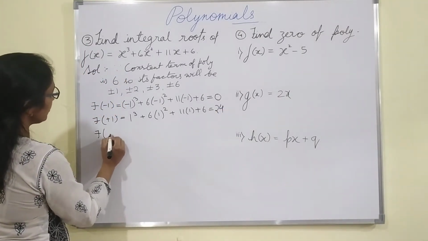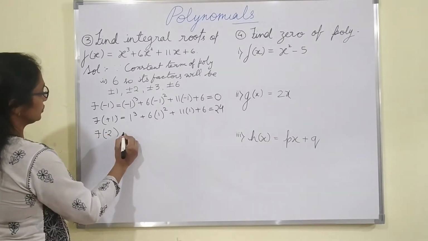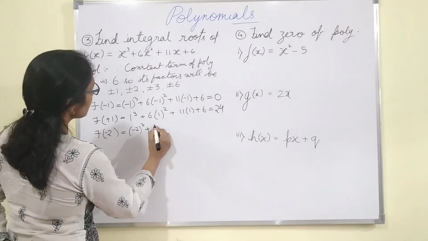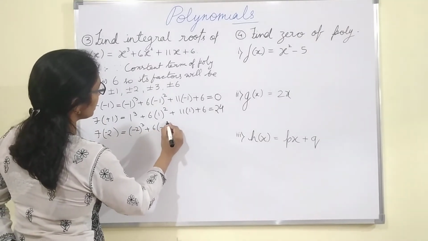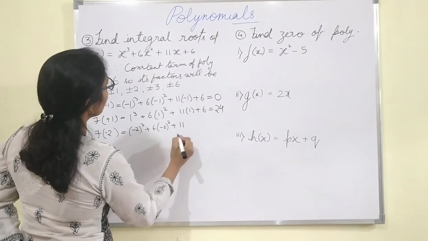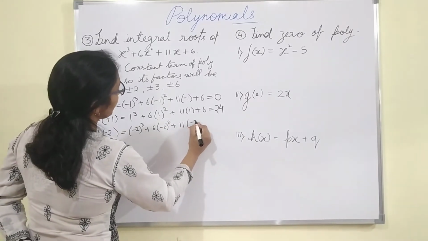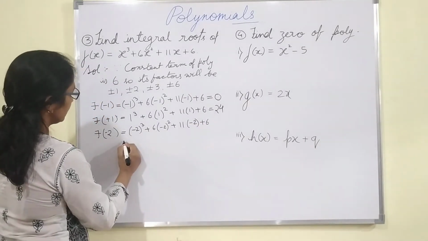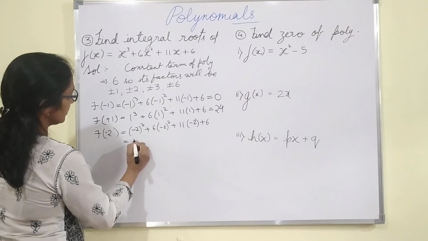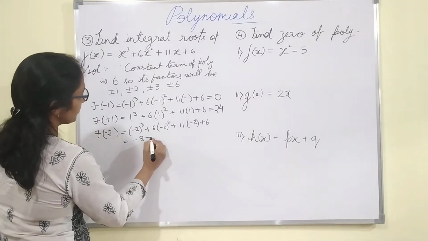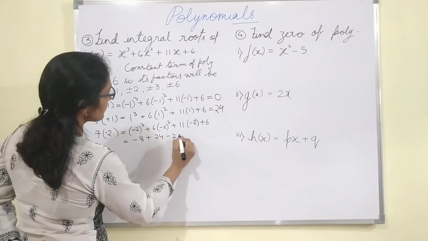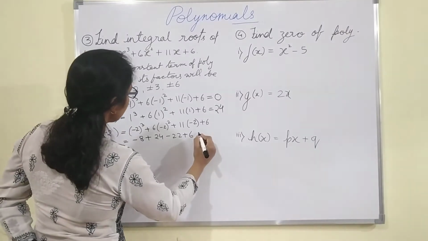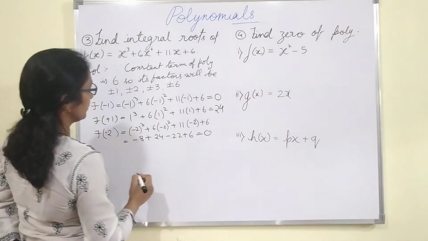Now the next value, −2: (−2)³ + 6(−2)² + 11(−2) + 6, so it will be −8 + 24 − 22 + 6, and it will become 0.